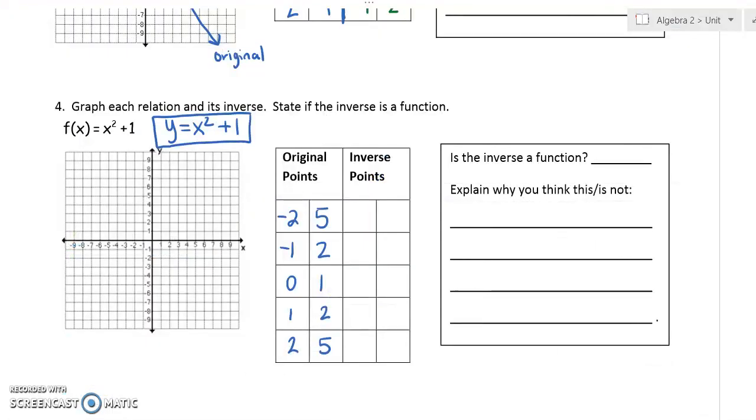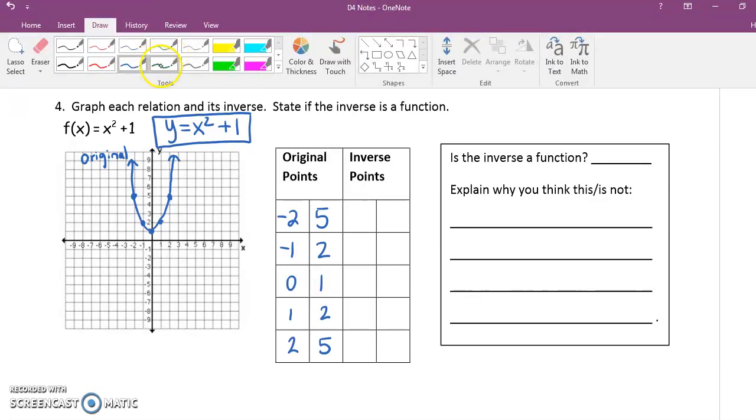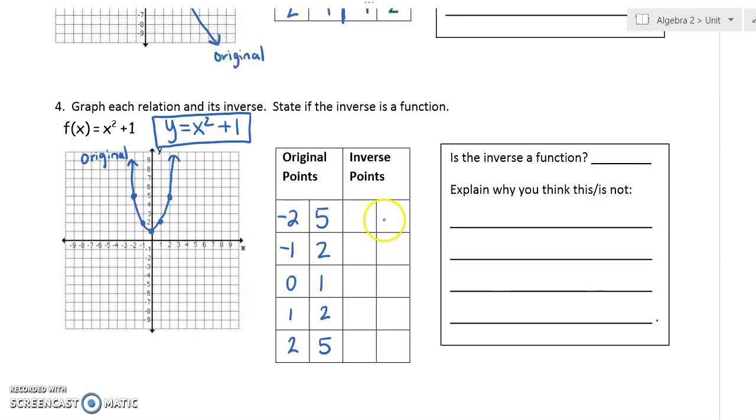Okay. So I'm going to plot those and get my original. So -2, 5, -1, 2, 0, 1, 1, 2, and 2, 5. And this one is my original function. Right? And then what we're going to do is now I'm going to switch my colors, and we're going to do the inverse points.